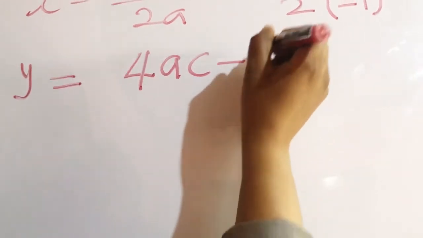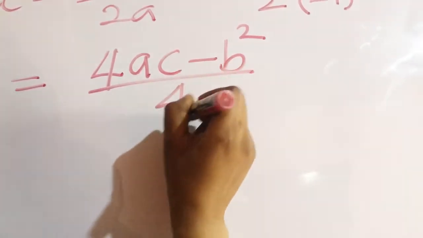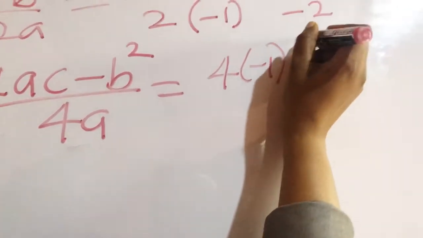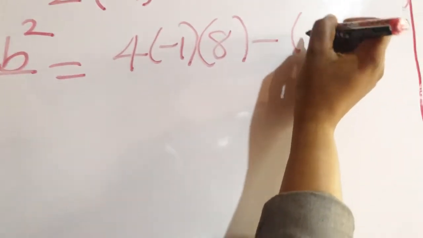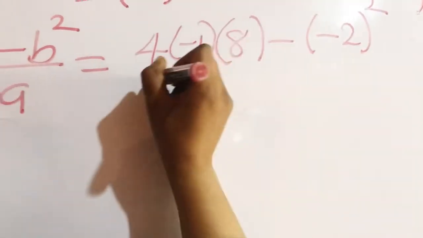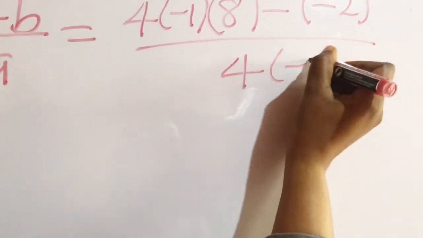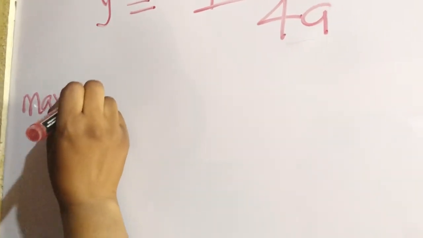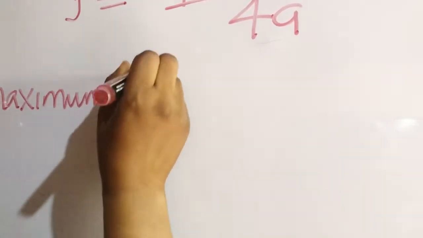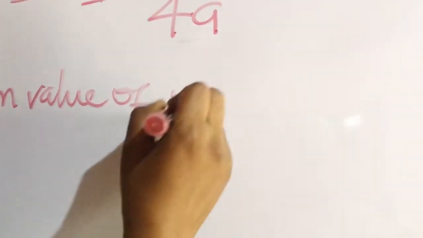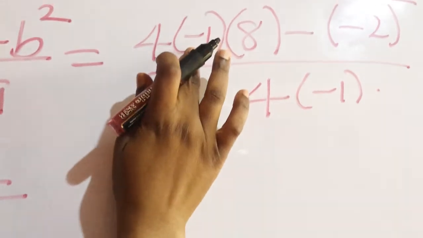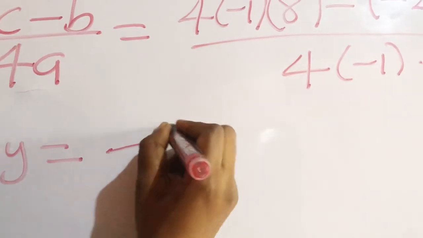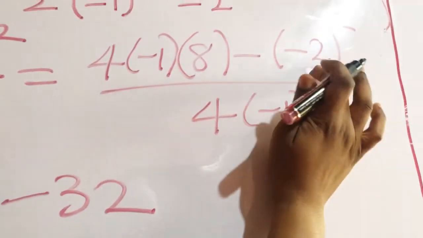So the maximum value of y occurs when we have 4ac minus b squared over 4a. So a is minus 1, c is 8, b is minus 2, then squared over 4 multiplied by minus 1. So the maximum value of y will be equal to 4 multiplied by minus 1 is minus 4. Minus 4 multiplied by 8 is minus 32. Minus 2 squared is 4.